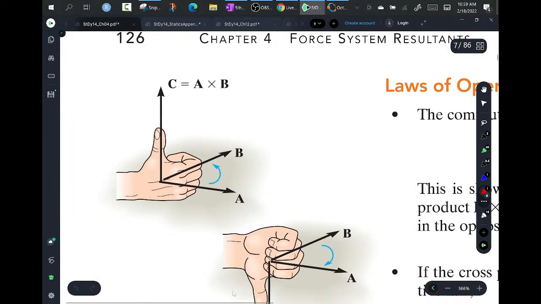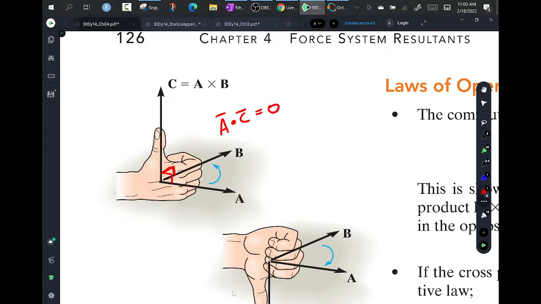If you cross these two vectors, C is perpendicular to A, and C is also perpendicular to B. The reason that's so advantageous is, by rule, A dotted with C is going to be 0.